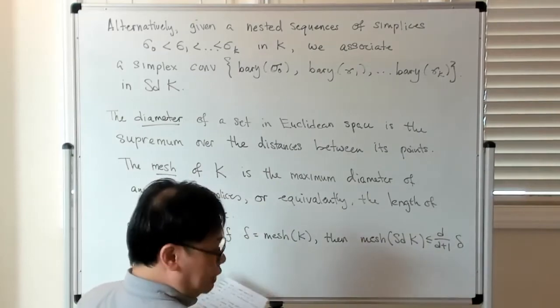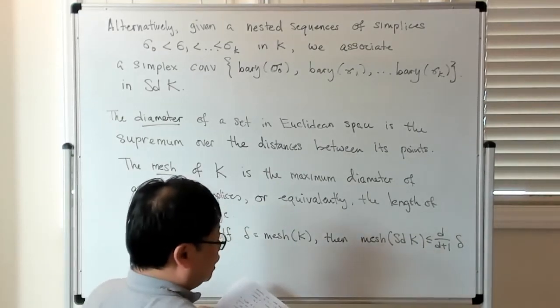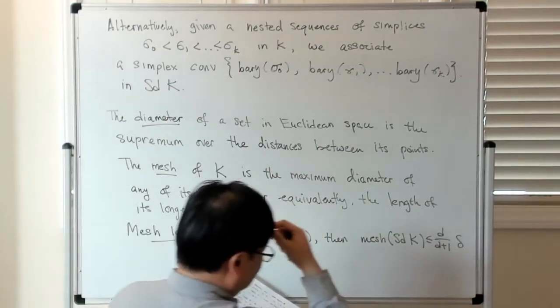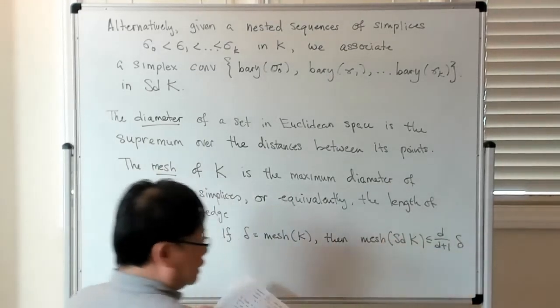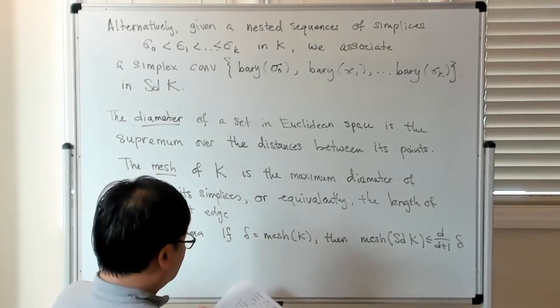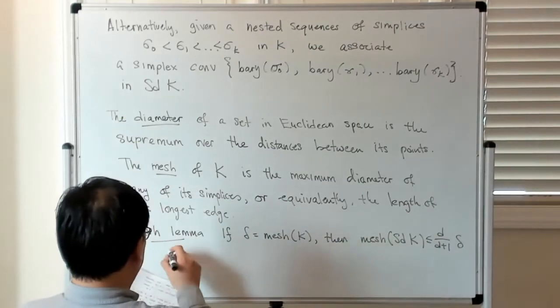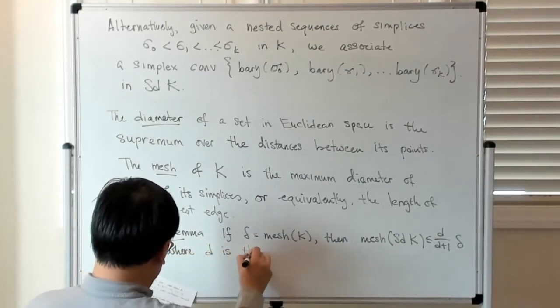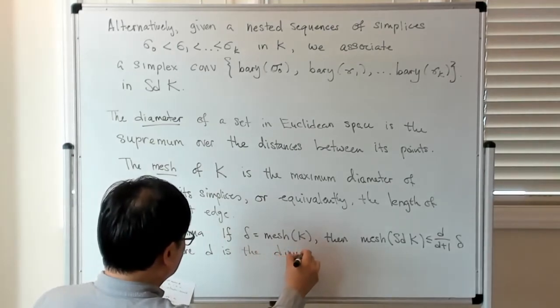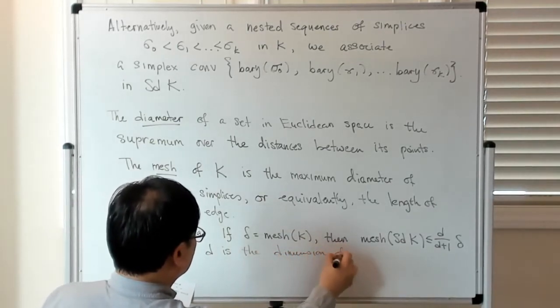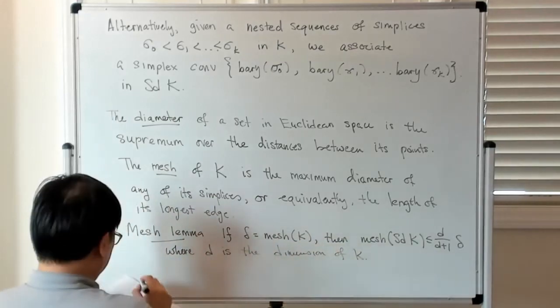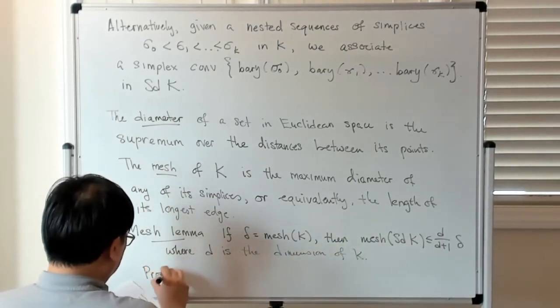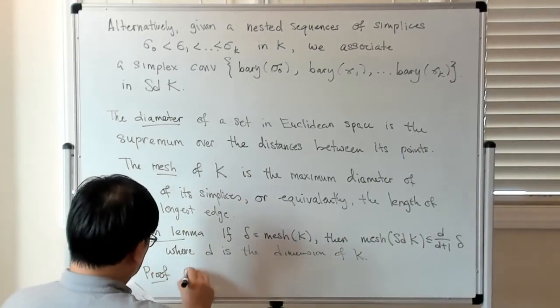So for any finite dimensional complex, you'll have this multiplicative reduction in the mesh size each time, where of course d is the dimension of K. I'm going to omit the proof here, but it is in the book if you're interested.